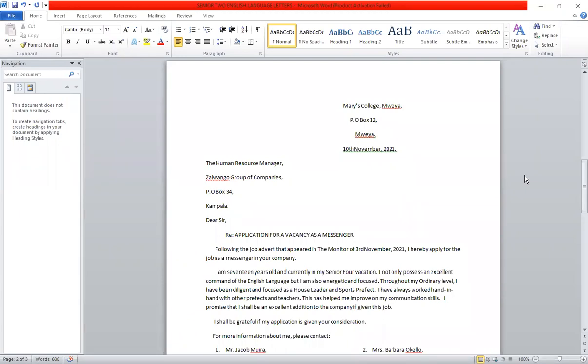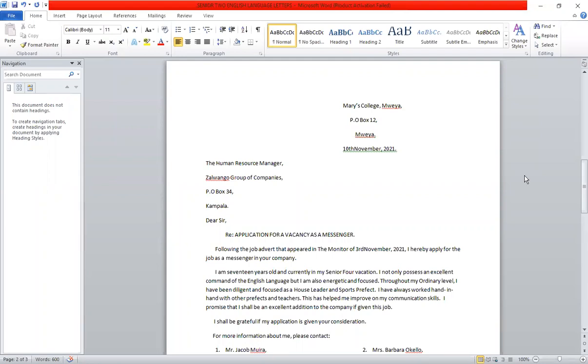Teacher, I'm still confused about the lines. It looks like after Mary's College, you skipped a line, then P.O. Box 12, you skipped a line, then where you skipped a line. So I'm confused. No, you're not supposed to. Sorry about that. It is the computer, but we are not supposed to skip lines.